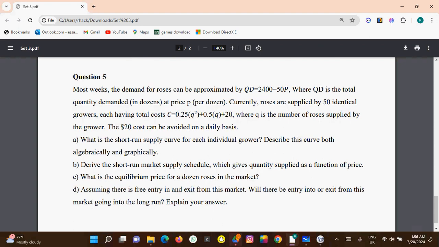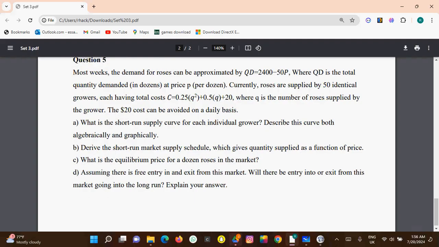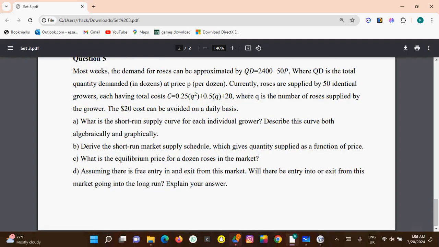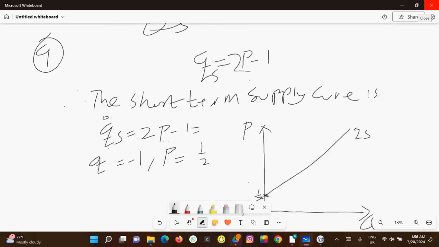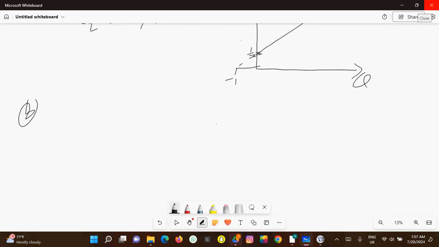So the individual supply function is Q equals 2P minus 1. Right.